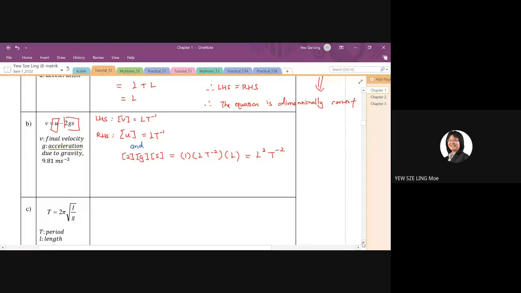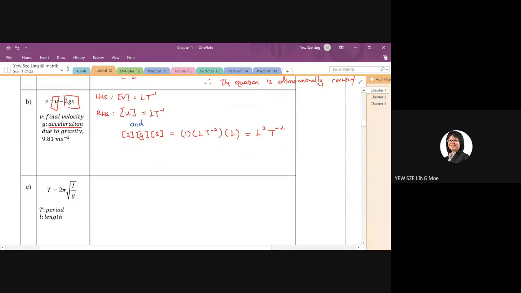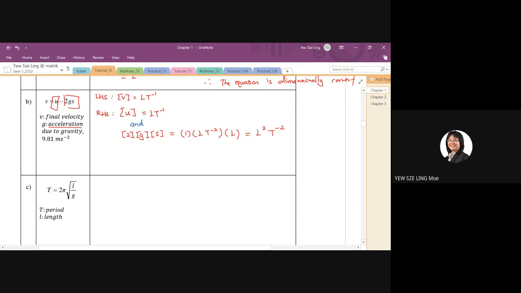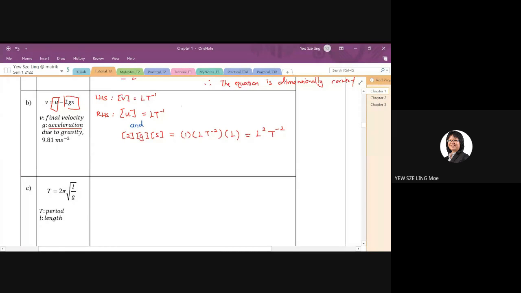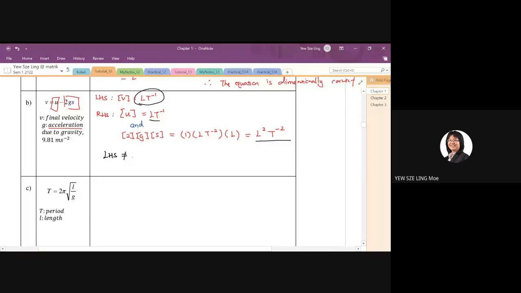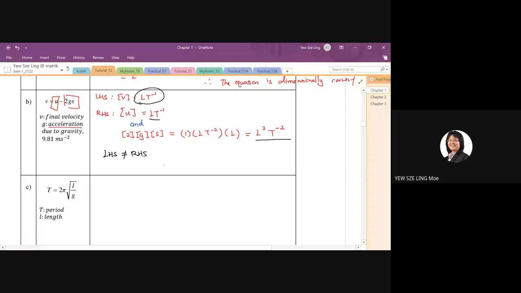Now if you do it in this way, you use the second method to solve it, what you are going to check is the dimension for all three quantities. So left hand side, we have this one. Right hand side, we have LT negative 1 and L squared T negative 2. Therefore our conclusion is left hand side is not equal to right hand side.